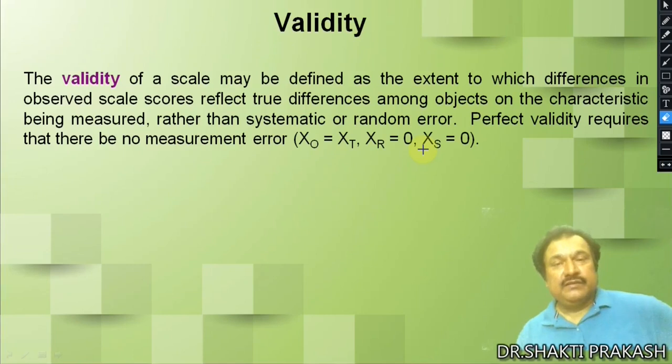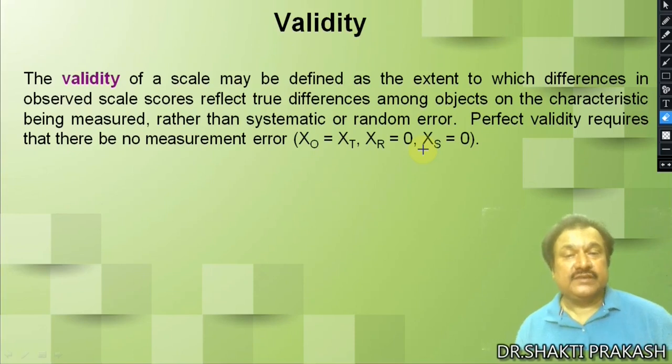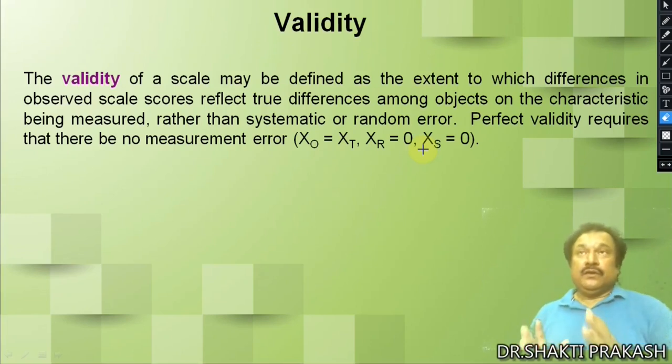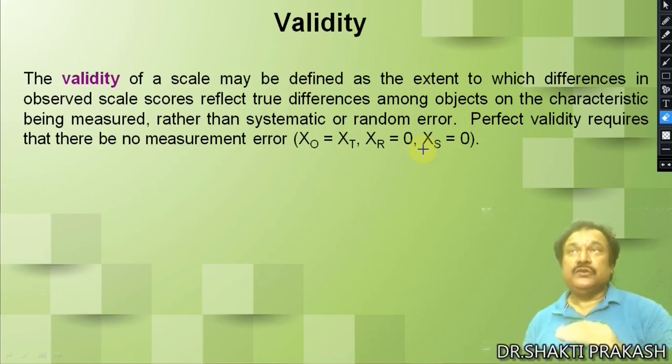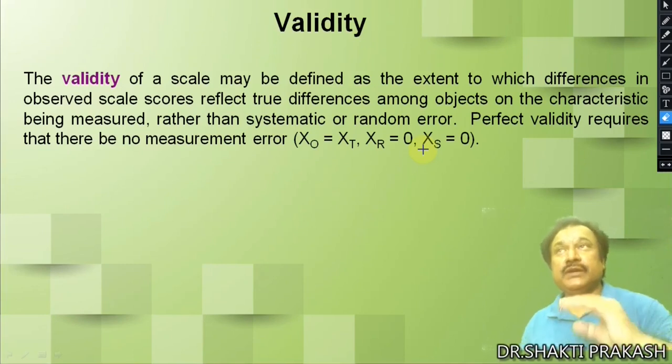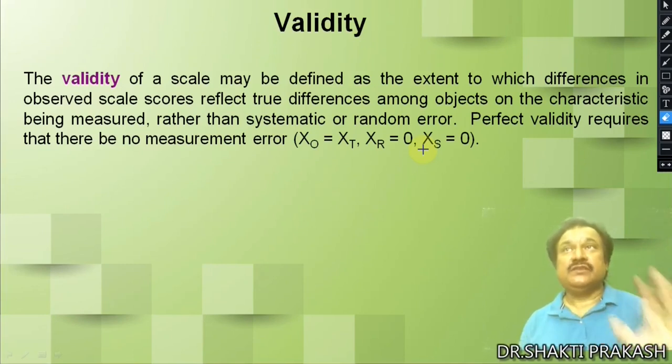Mainly, in this definition, the validity of a scale is the extent, this particular limit, to which differences in observed scale scores reflect true differences among the objects on the characteristic being measured. Validity means whatever a researcher wants to measure using the scale, to that extent the researcher is getting such results or not.